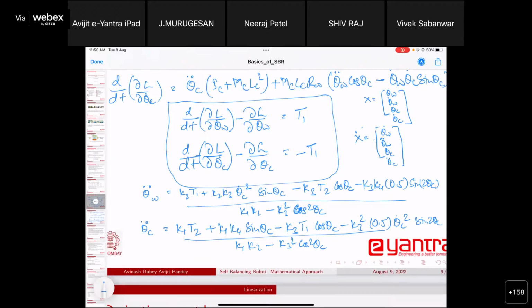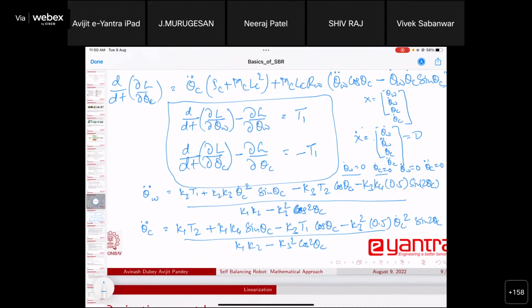For finding the equilibrium point, my X dot should be equal to 0. So I get theta W dot equals 0, theta C dot equals 0, theta W double dot equals 0 and theta C double dot equals 0.